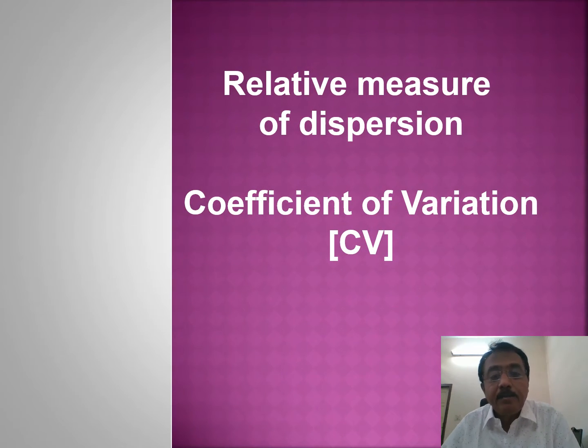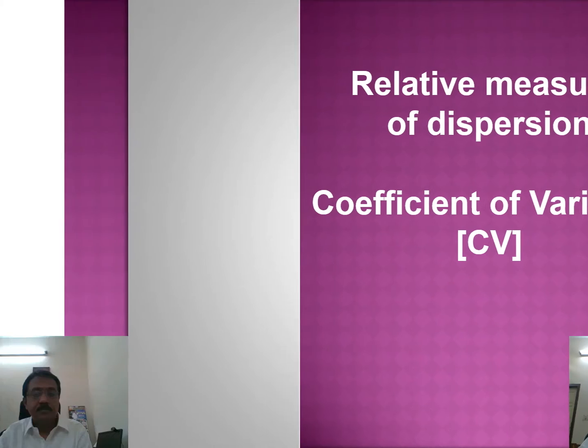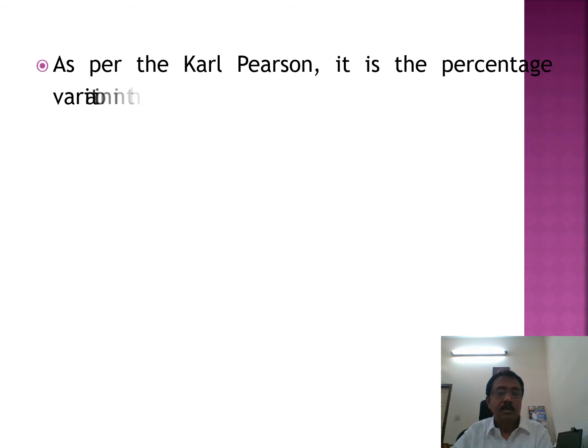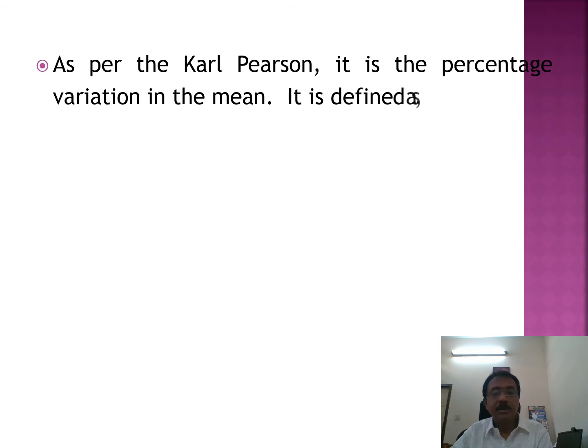See, the relative measure of dispersion. Coefficient of variation is a tool which helps to study the relative measure of dispersion. As per Karl Pearson, it is a percentage variation in the mean.